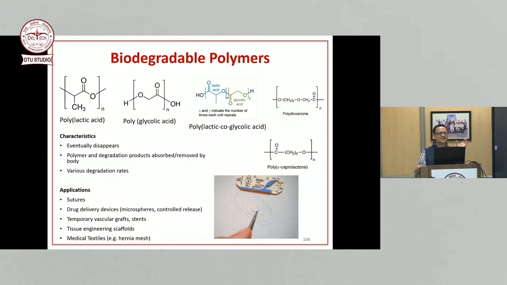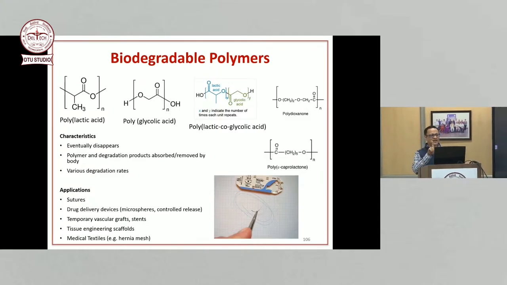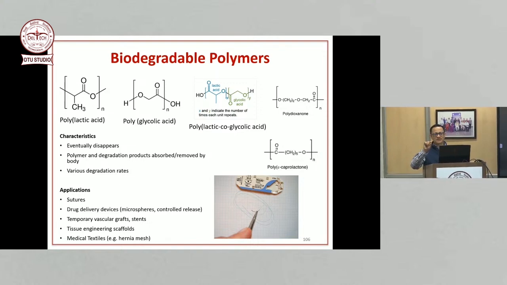You can design these polymers to degrade very fast or very slow. So they can degrade in a week or two, or they can degrade in 2 years. So depending on your application, we will talk about PLGA again, so keep it in mind when I talk a little bit about my research, maybe later this week or early next week.